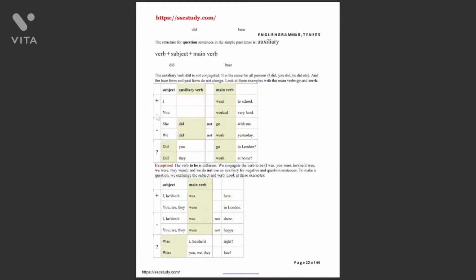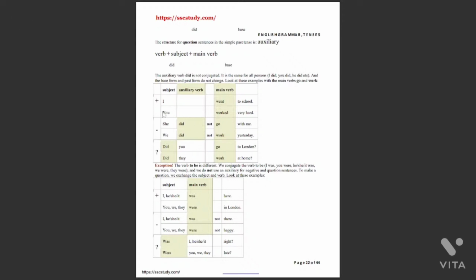These two are positive sentences. And for negative sentences: she did not go with me. Here it is subject, auxiliary verb plus not, plus main verb. She did not go with me. We did not work yesterday.